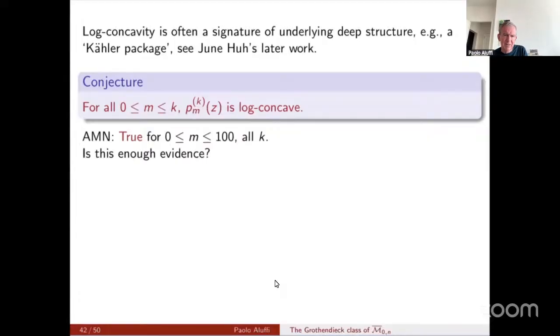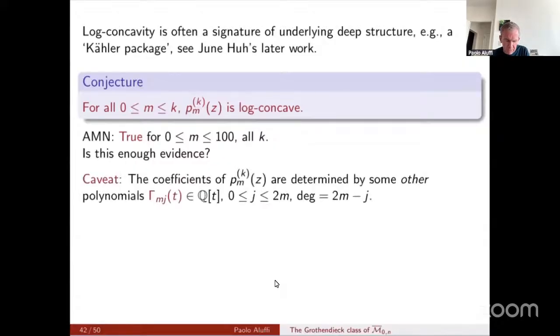By the way, is this enough evidence? That seems overwhelming, but there's a cute story. The coefficients are determined by some other polynomials, and I like playing with Maple, so I asked Maple to tell me about these polynomials. Well, they looked like positive coefficients, they looked log concave.